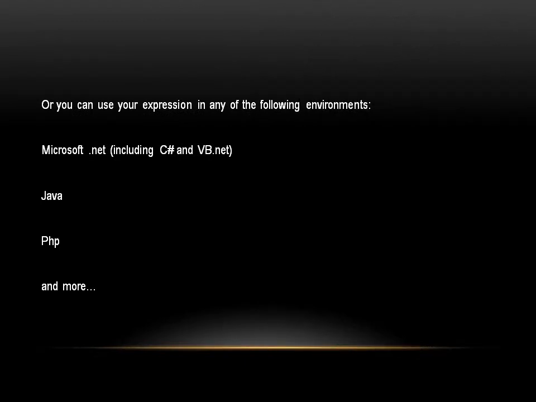You can use your expression in any of the following environments: Microsoft .NET, including C# and VB.NET, Java, PHP, and many more. In each of the environments, Textpression will apply language-based escaping as needed.